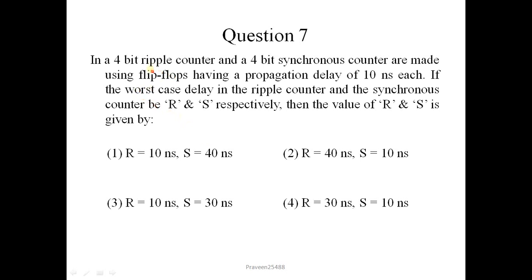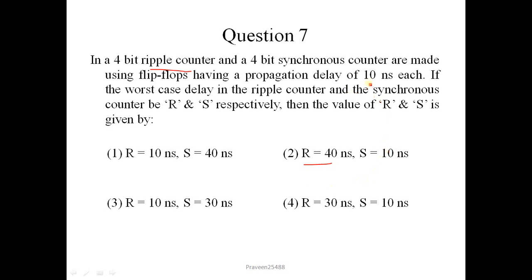In a ripple counter, the output of one flip-flop acts as a clock pulse for the next flip-flop. So the overall propagation delay of the ripple counter is the summation of the propagation delays of each flip-flop in the counter. There are 4 flip-flops in the ripple counter, so there will be 4 into 10 nanosecond, which is 40 nanosecond for the ripple counter.